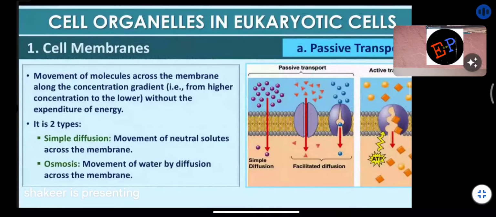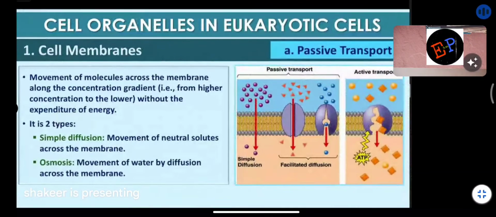Okay. And now see here, he has given the complete description of passive transport. So movement of molecules across the membrane along the concentration gradient. What is meant by along the concentration gradient? Higher concentration to lower concentration without the expenditure of energy. Energy is not spent here. Okay, ma? So therefore it is of two types: simple diffusion and osmosis. What is meant by simple diffusion?